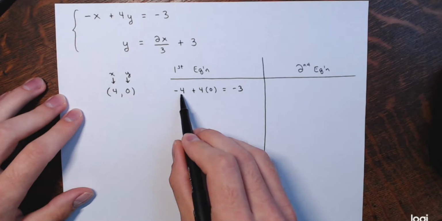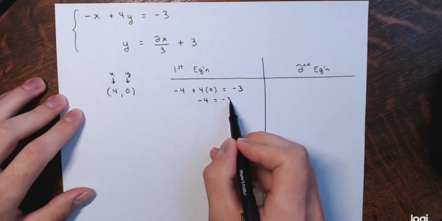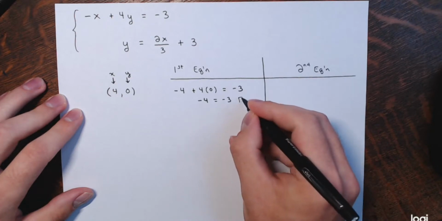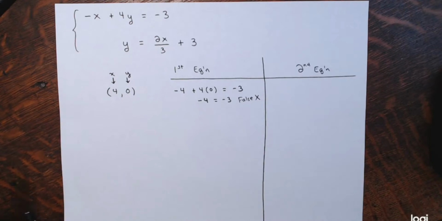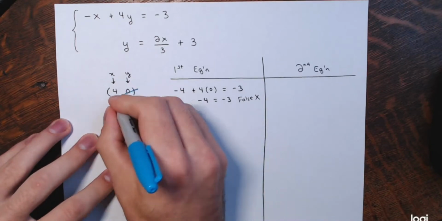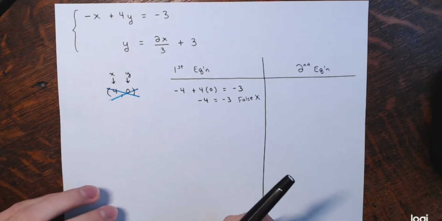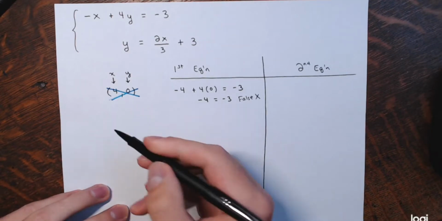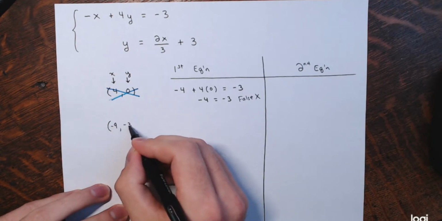The left side would just be negative 4 plus 0, so negative 4 equals negative 3 is what I end up with. That is false, and so this 4, 0 is not a solution. I'm getting rid of it. Alright, the next ordered pair we're given is negative 9 for x and negative 3 for y.